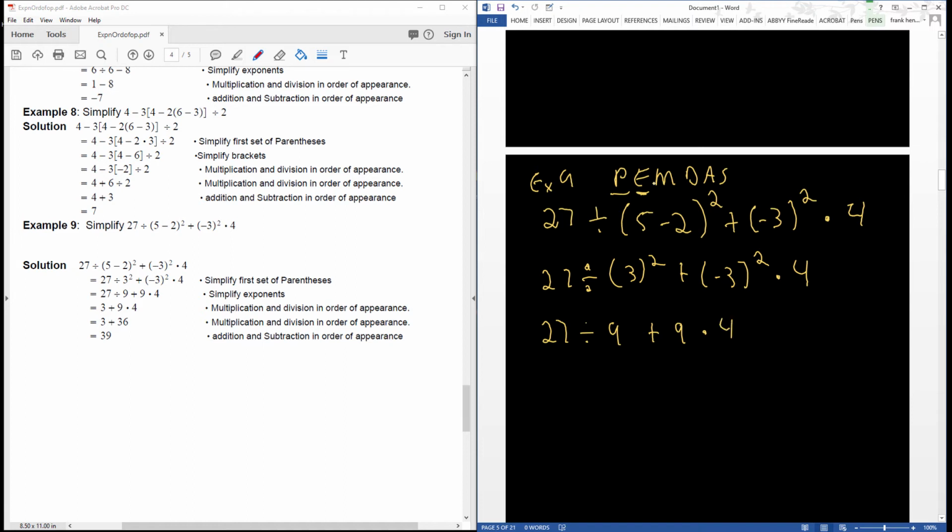So I take care of my exponents, multiplication and division. I have 27 divided by 9, which is 3, plus 9 times 4. 9 times 4 is 36. So I have 3 plus 36. Addition and subtraction makes it 39.